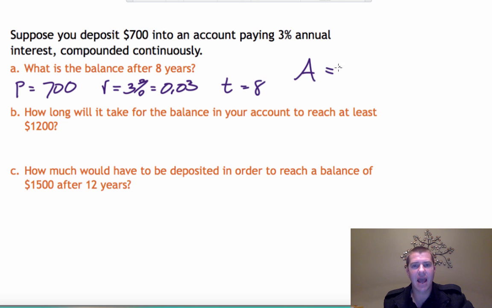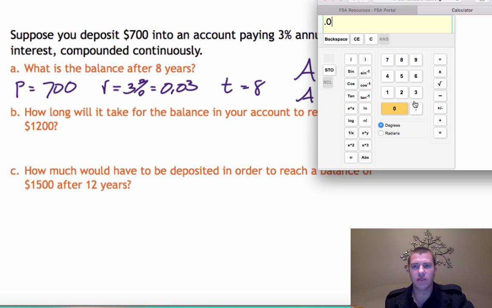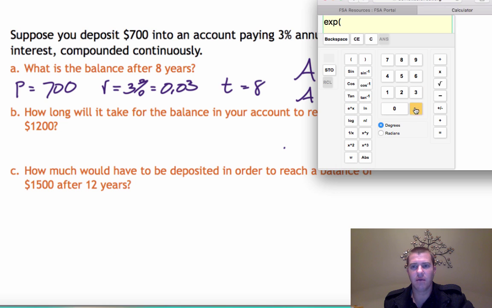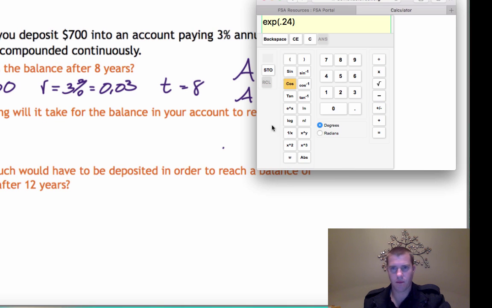So A equals 700 times e raised to the 0.03 times 8. So 0.03 times 8 is going to be 0.24. So I have e raised to the 0.24, equals, and then multiply that with 700.